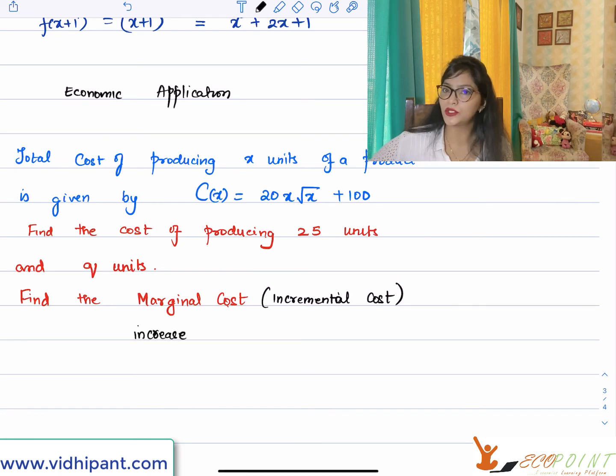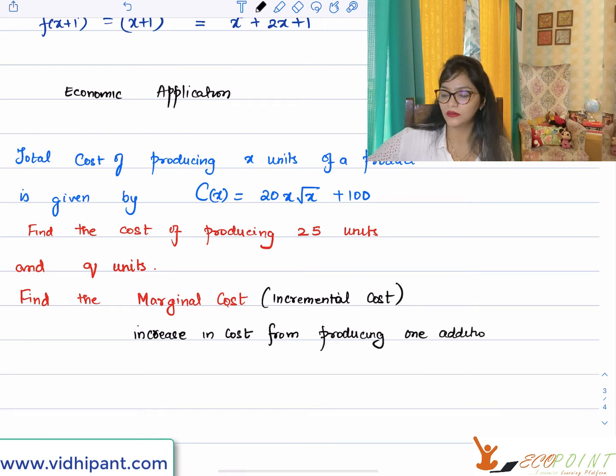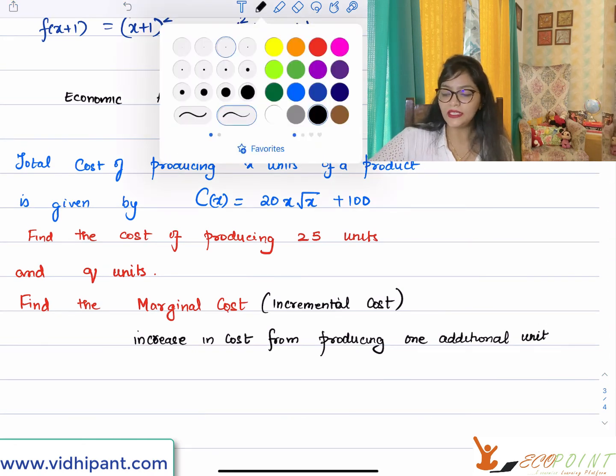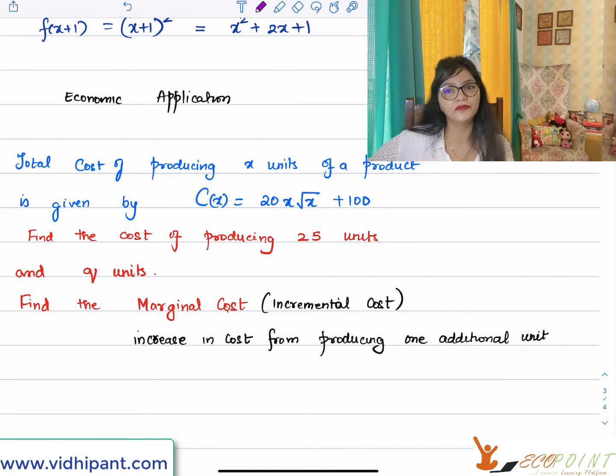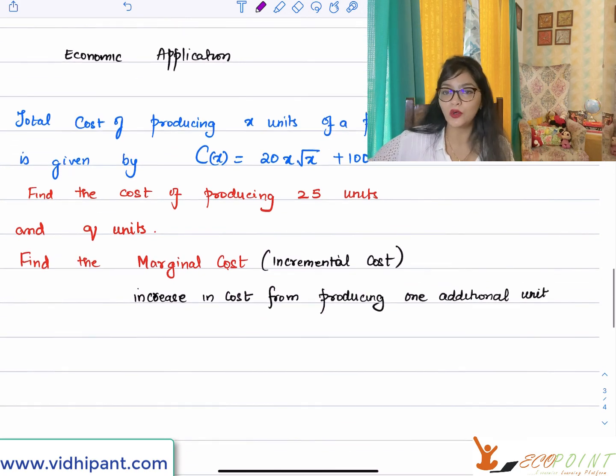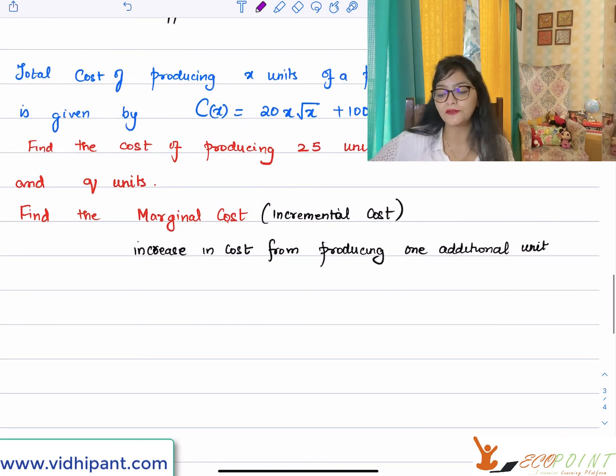In other words, I want us to find out what is the increase in cost from producing one additional unit. So everything comes from the formula of the cost function that we have. We can call this the cost function.